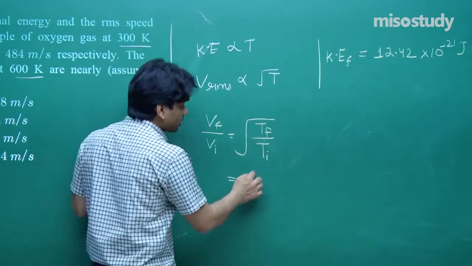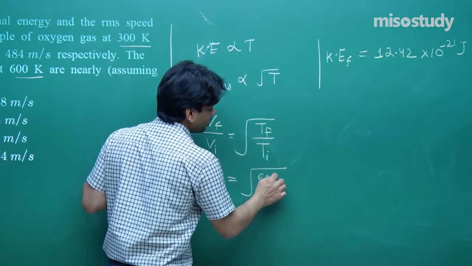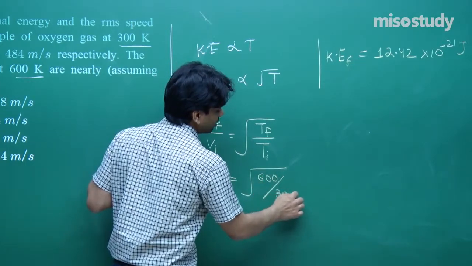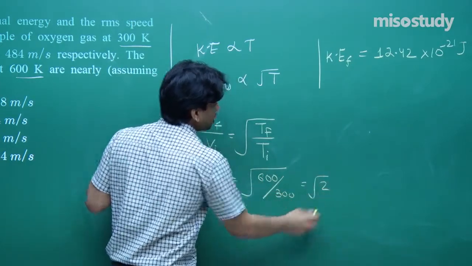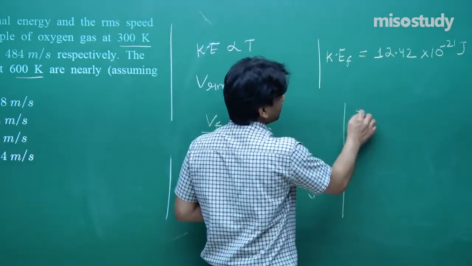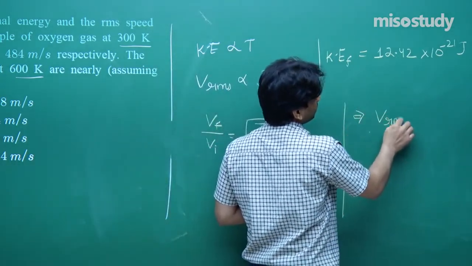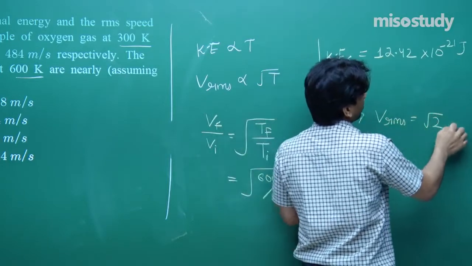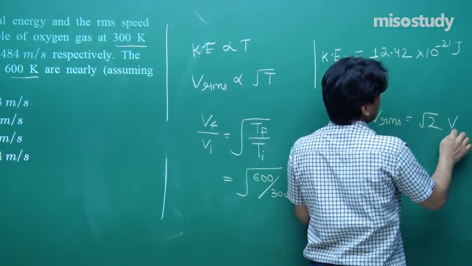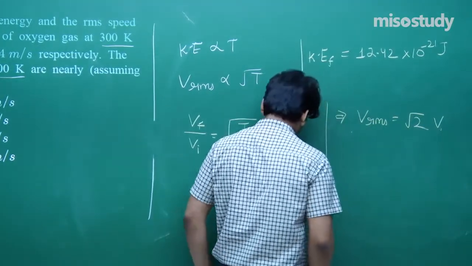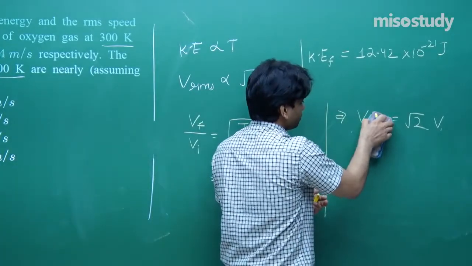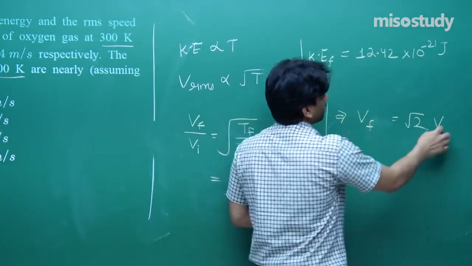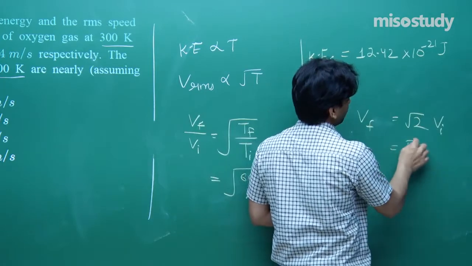The final temperature is 600 divided by 300, so you get root 2. This implies that the final RMS speed is equal to root 2 times the initial RMS speed, VF is equal to root 2 times VI.